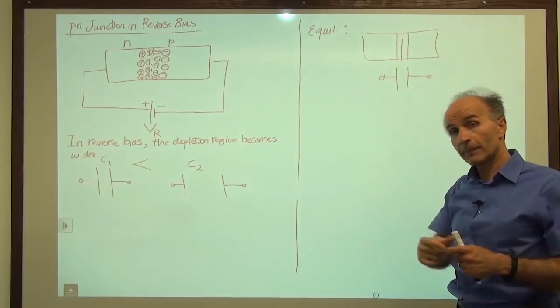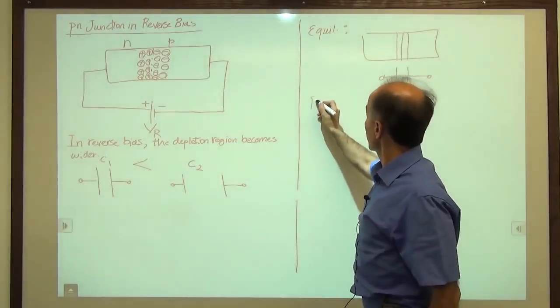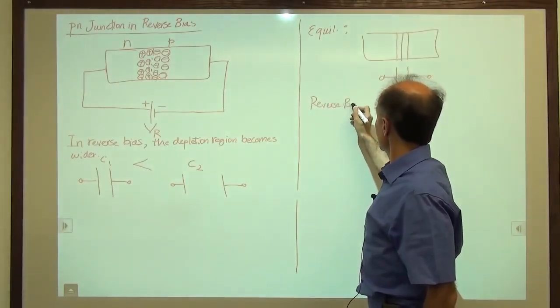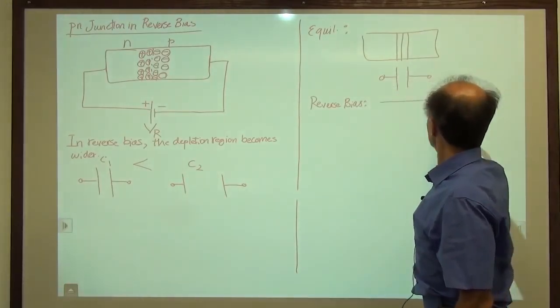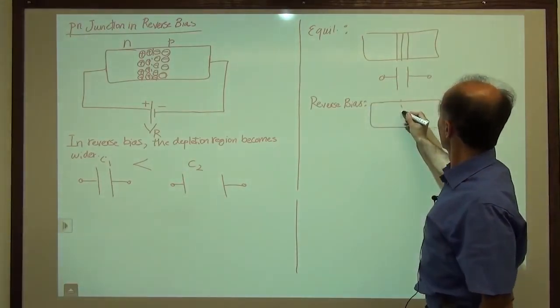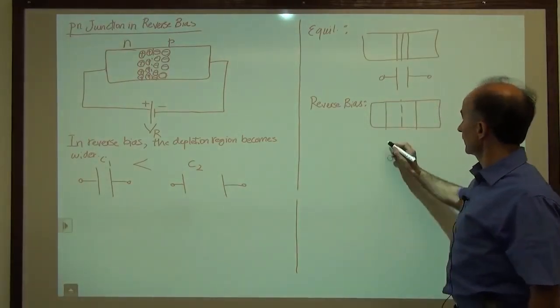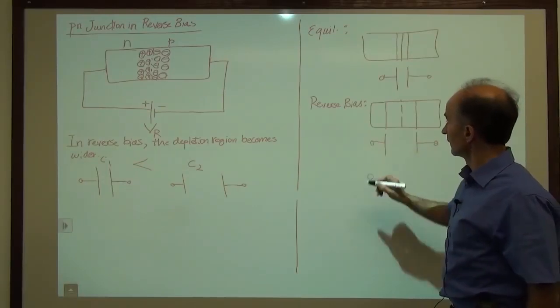Now when we go to reverse bias, let's say 1 volt across the junction, then what happens is that the depletion region is wider. So the device now looks like this with some exaggeration. And that means that the capacitor now looks like this.